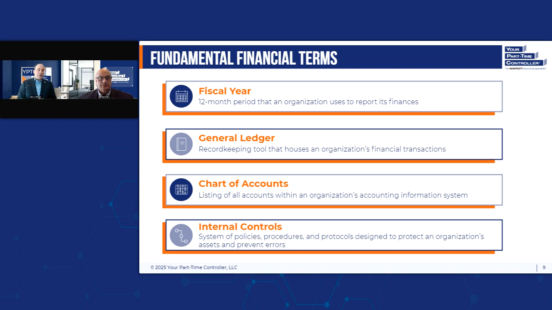Next, our accounting records are maintained in an accounting system that we call the general ledger. Transactions that are processed are recorded here, and accounts such as your bank accounts, merchant accounts, payroll accounts, they all flow into the general ledger. Now, within the general ledger, we have the chart of accounts.